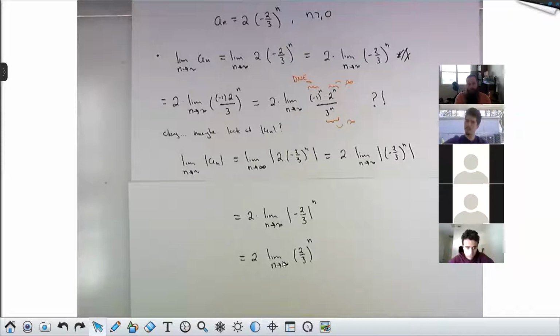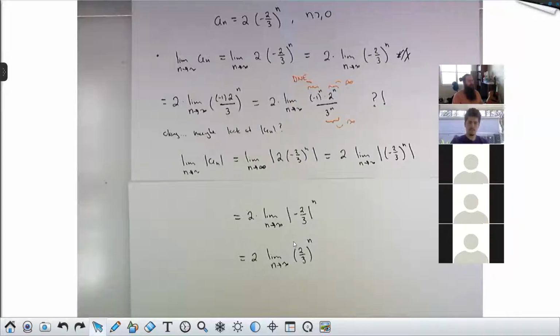And unfortunately, even if we use L'Hopital's rule here, it wouldn't help us. But I want to draw your attention. I heard something else there. What was that last thought? It looks like it converges. Yeah, I agree.